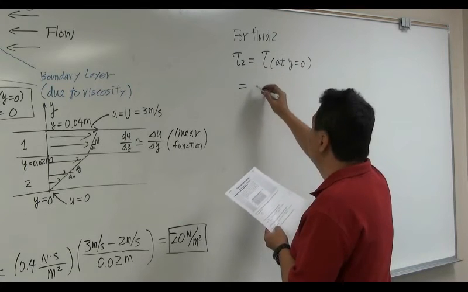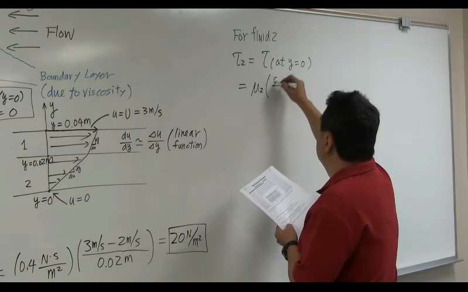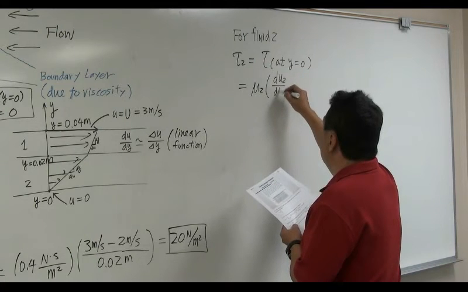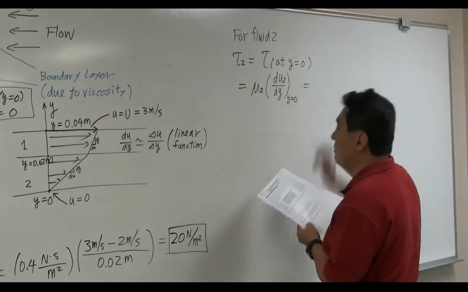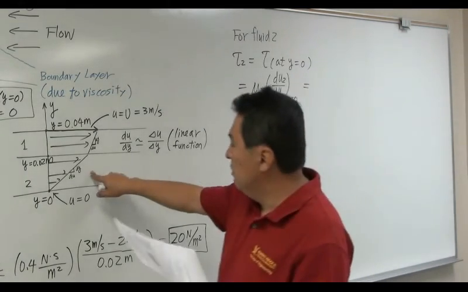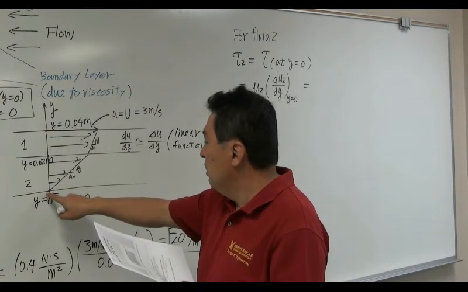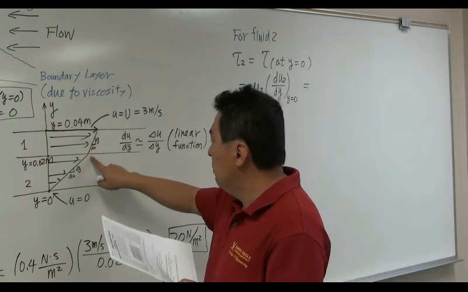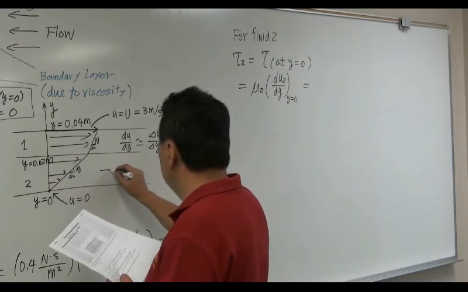So this is going to be mu2 du2 dy at y equal to 0. Once again, this is a linear function, so du dy is constant in between y equal to 0 and y equal to 0.02, or somewhere in the middle, always the same value.